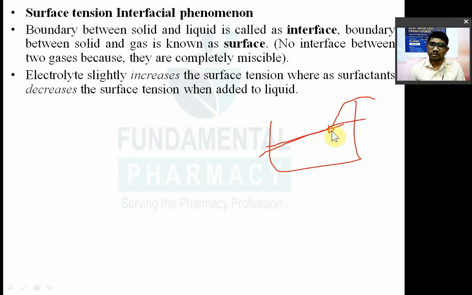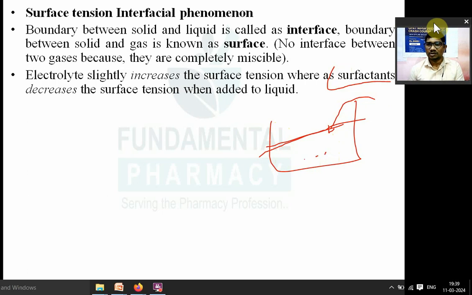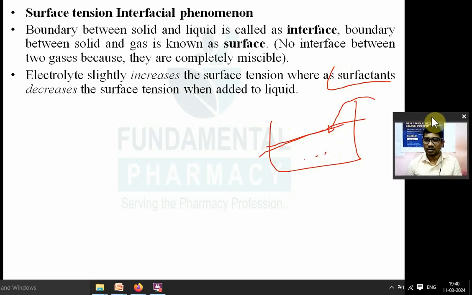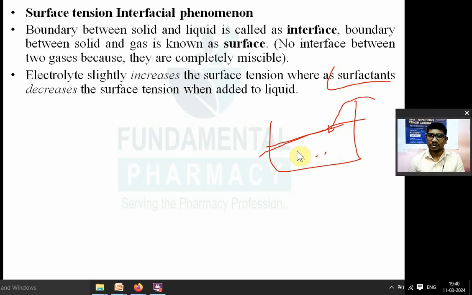A few molecules of surfactant go to the interface or act on the surface, while the other individual molecules remain in the bulk of liquid, right? So that's why they are known as surface active agents or surfactants, because they are active at a surface or interface.